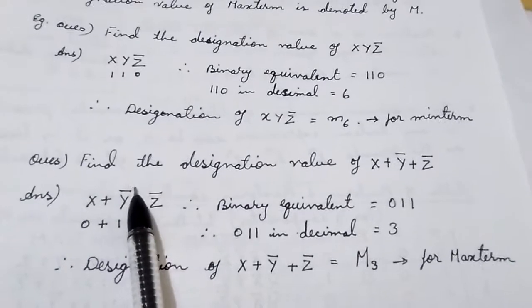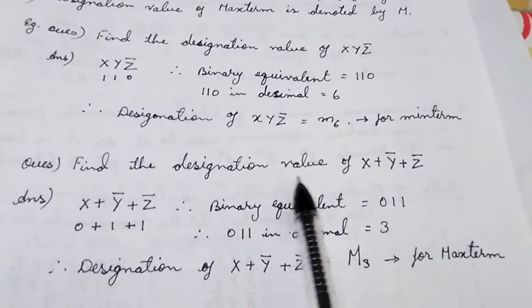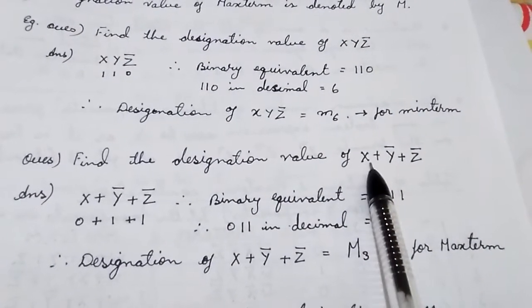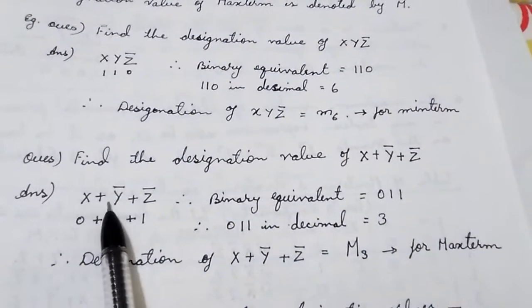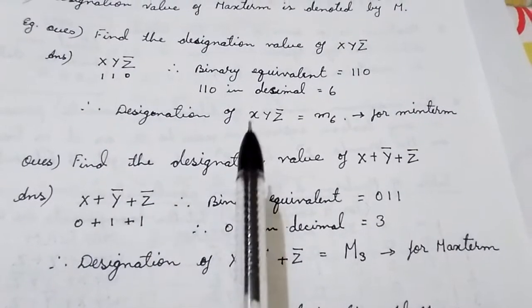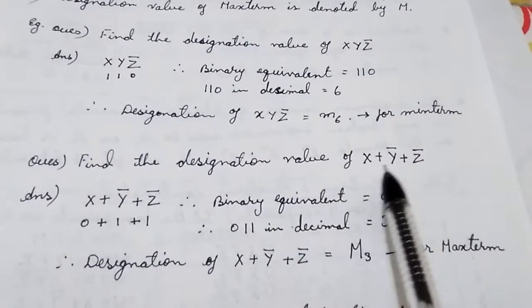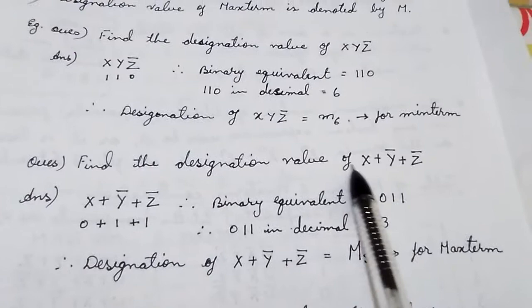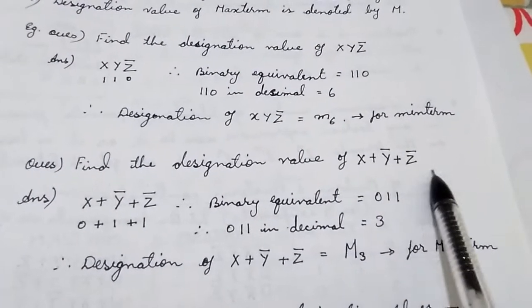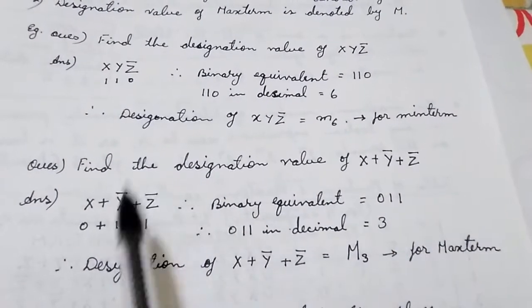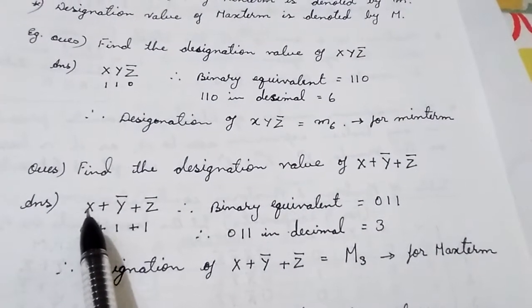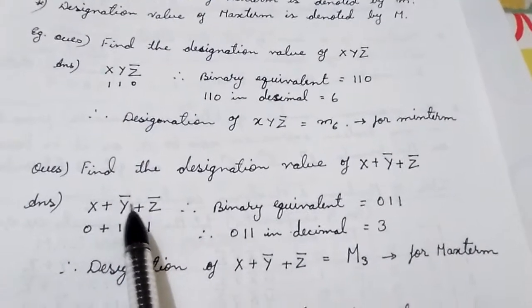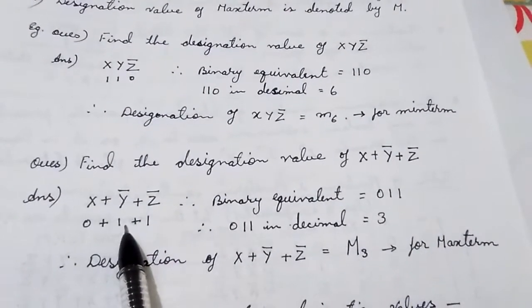Let us see another example: find the designation value of x plus y bar plus z bar. Now again we need to convert using the concept of max term because my expressions or components are in max term. So in max term, x stands for 0 and y bar stands for 1.